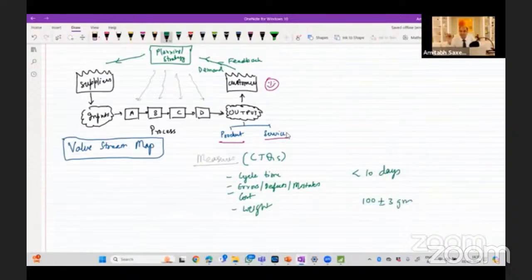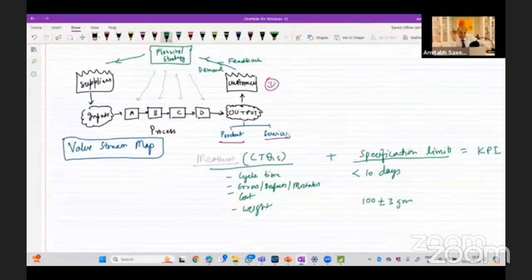Number of mistakes should be less than 10 per week. Now, these are all specification limits. So CTQs combined with specification limits has got a name which is known as KPI, Key Performance Index or Performance Index.